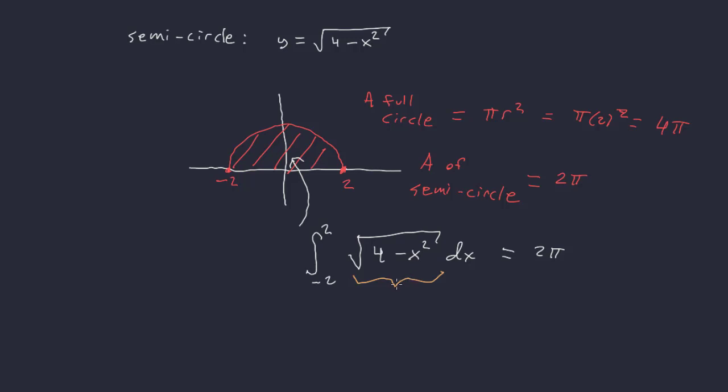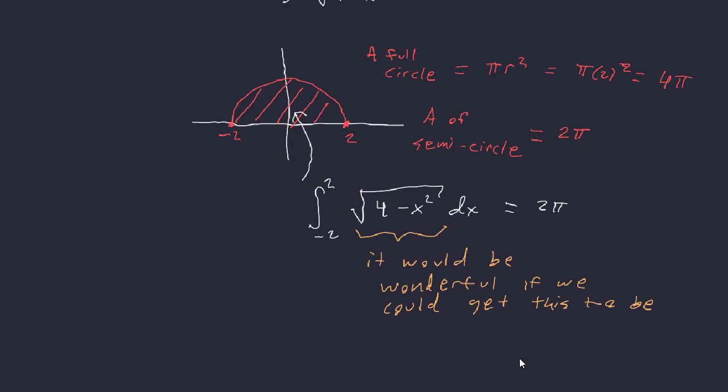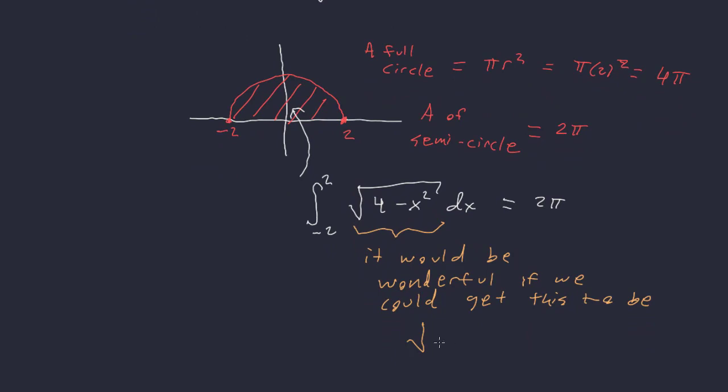Of course, this technique that we're about to develop can be applied to much more complicated things, but it would be really nice, it would be wonderful, if we could get this to be something like the square root of some stuff squared, so that we just get down to some stuff.